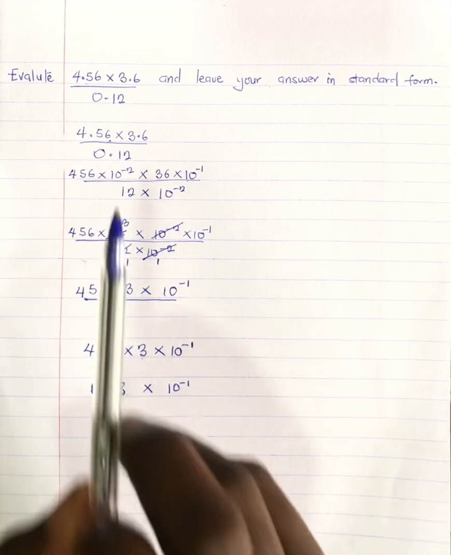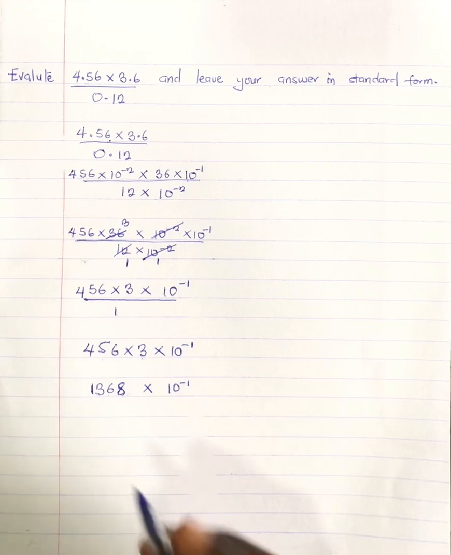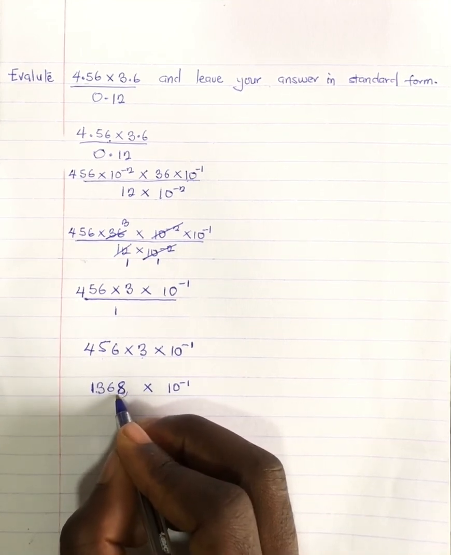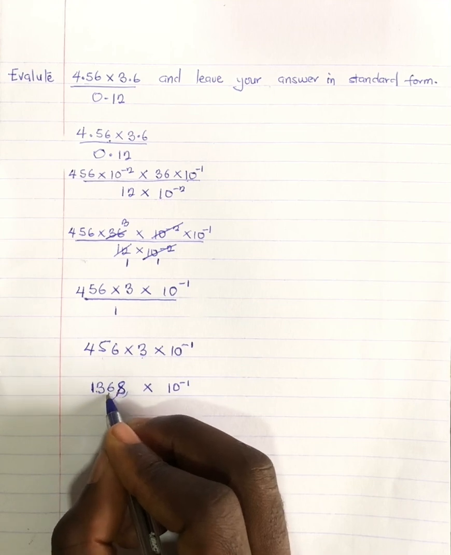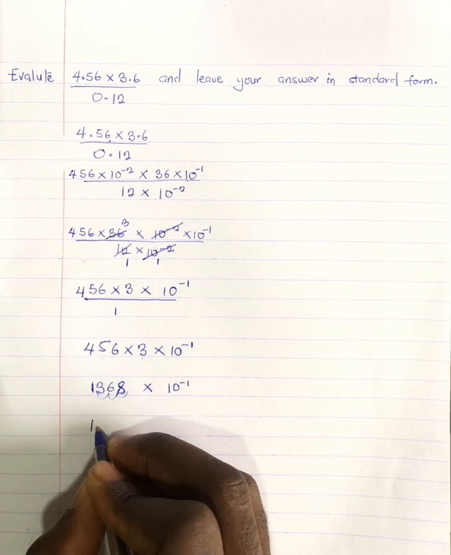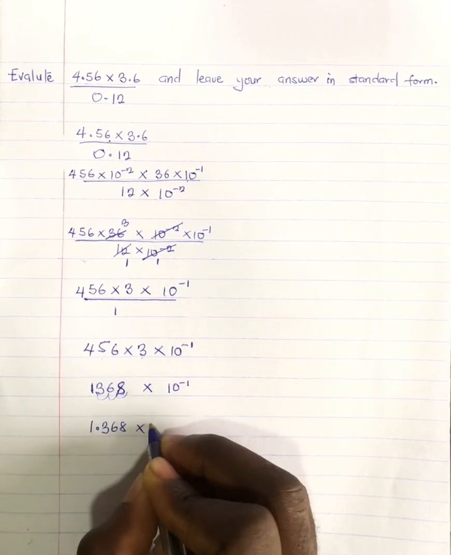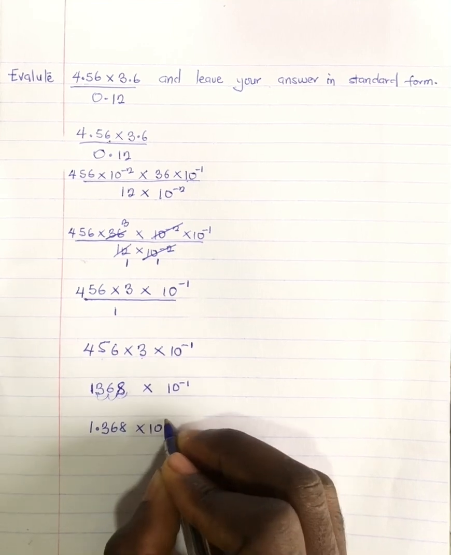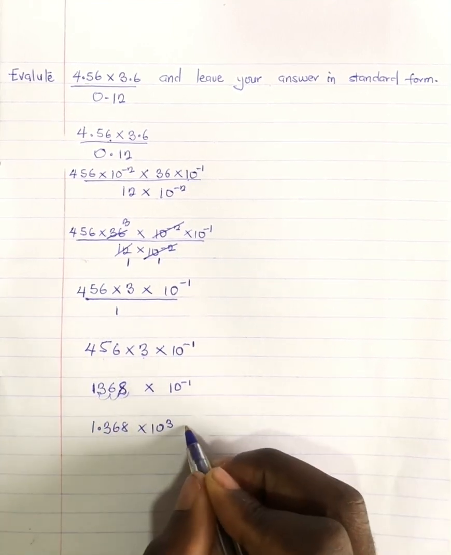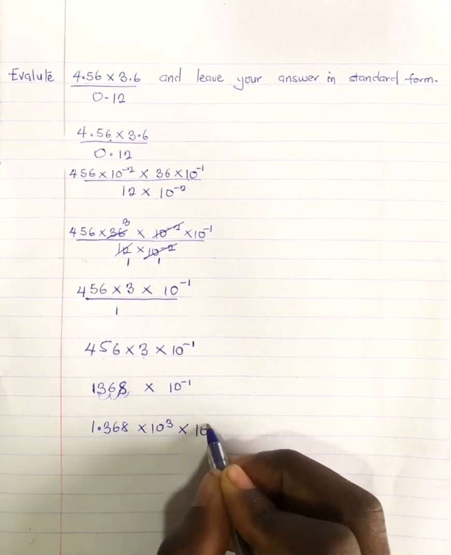But when we send the decimal point backwards, we have a negative power. So this time around we moved the decimal point 1, 2, 3. The decimal point is now here. We now have 1.368 times 10 to the power 3. We moved it 3 times. Multiplied by this, we still have this, 10 to the power of -1.